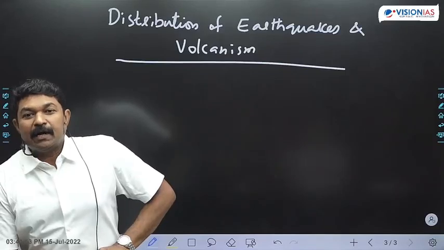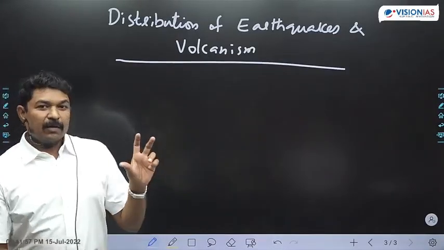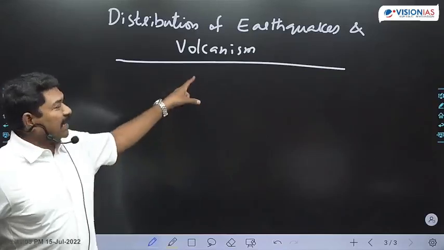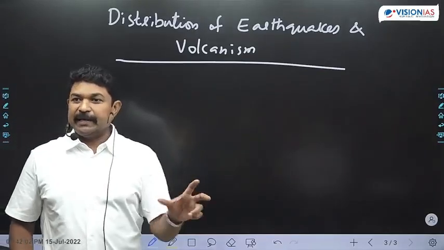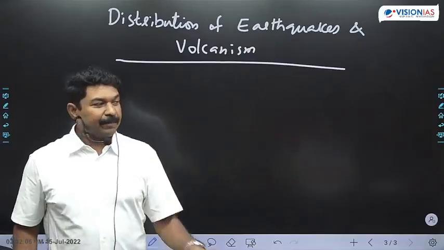Let us see at a go. What is this at a go? Meaning what? Though we didn't discuss volcanism till now, let us see the areas where the distribution of earthquakes and volcanism are there.